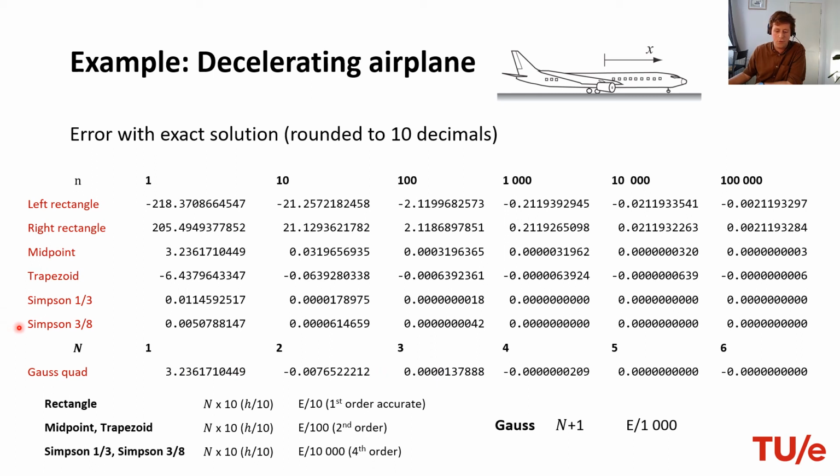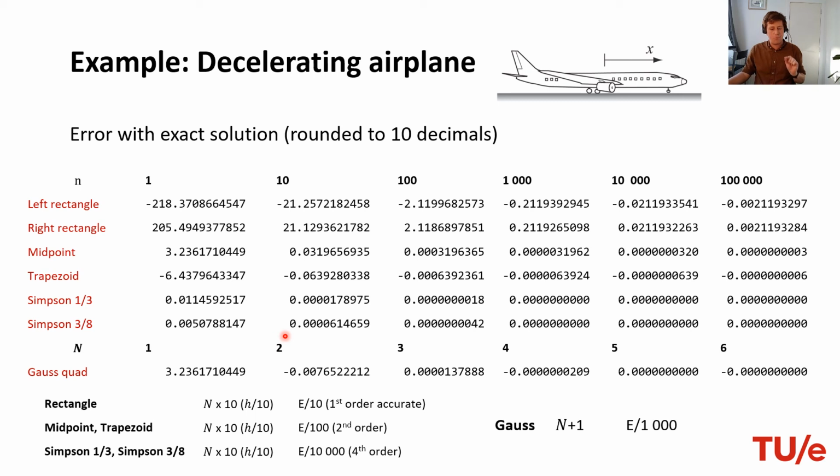For these Newton-Cotes methods, every time we multiply n by 10, this means 10 times more function evaluations that we have to do. So that means it's 10 times more expensive to compute the sum that is involved in these integration rules. However, for Gauss quadrature, we just added one. So we didn't multiply by 10.